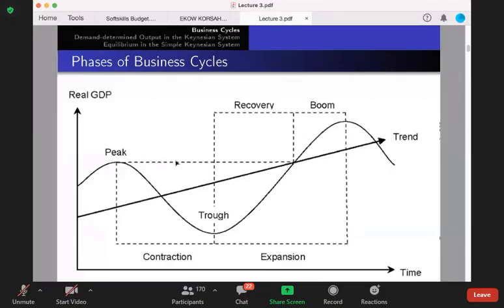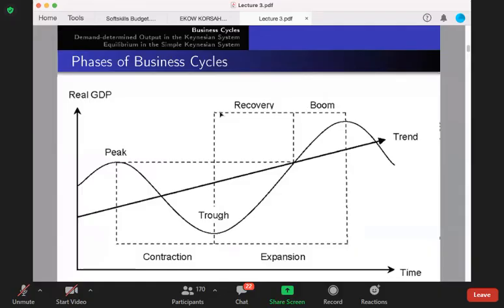Now look at what happens between here and here. The economy is contracting. But from the lowest point up, the economy is on a recovery path. Recovery simply means that GDP keeps increasing.